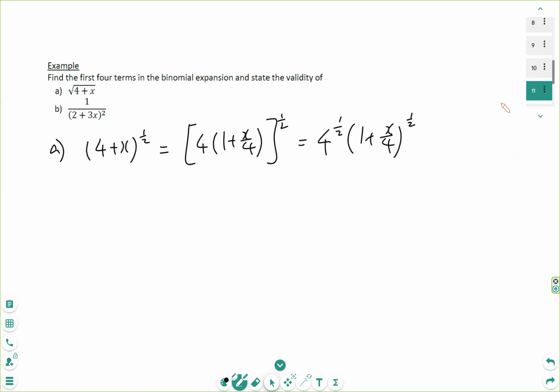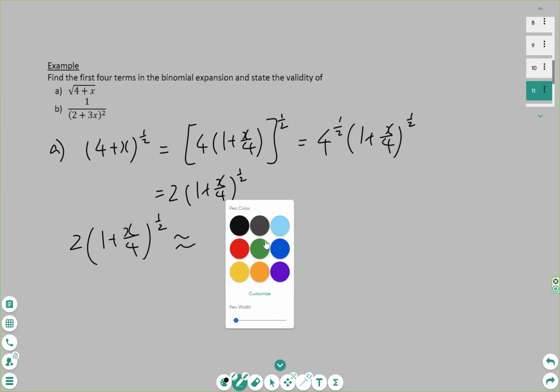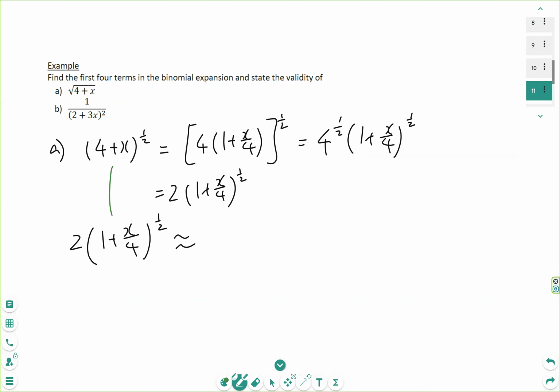So that's 2 times 1 plus x over 4 to the power of a half, and that's when we need the binomial expansion. We need to make the front number 1 before using the formula.